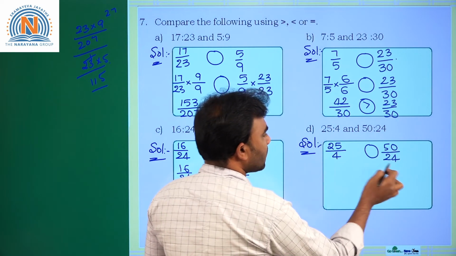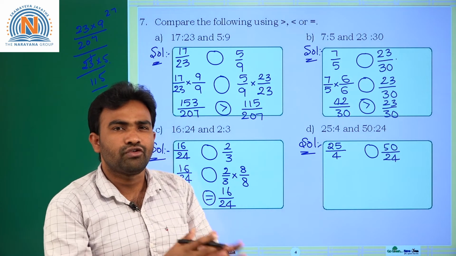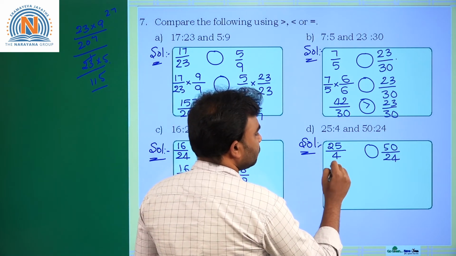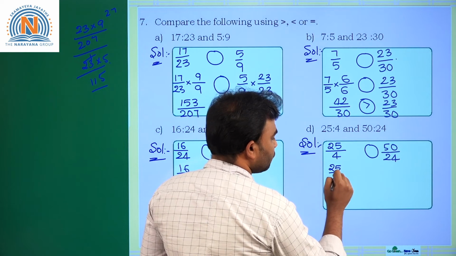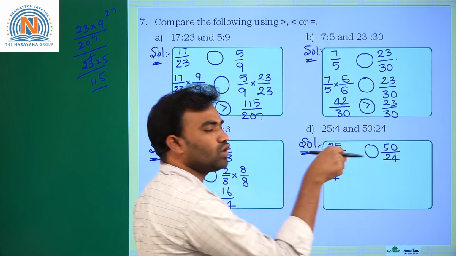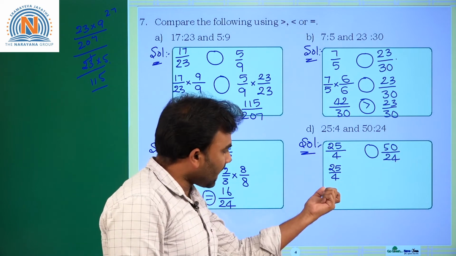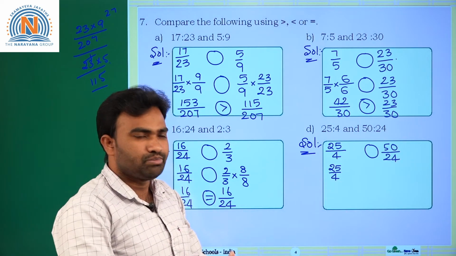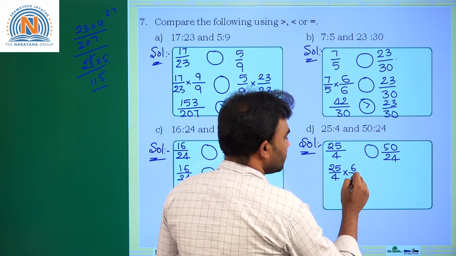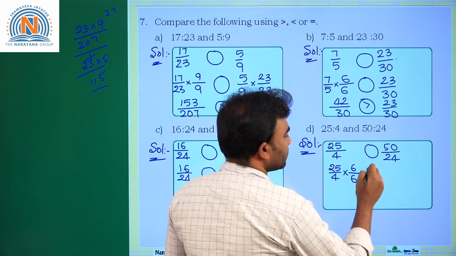Now see 4 and 24. The LCM of 4 and 24 is 24 only. So for 25 by 4, here we have 4 and here 24 only is there. To make it 24 we have to multiply by 6 in numerator and denominator.